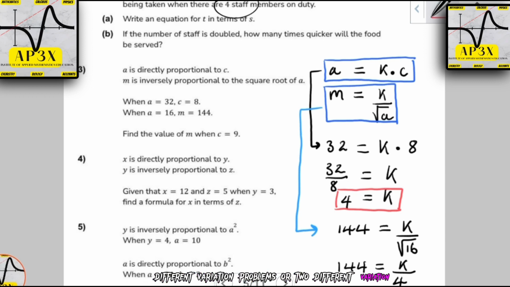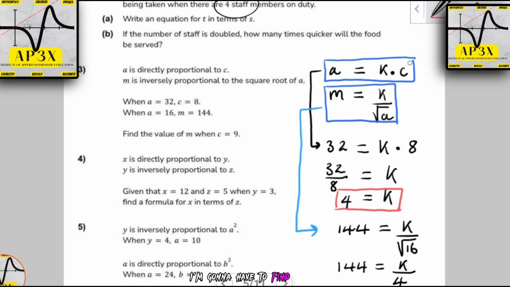Based on my experience, this hints that I may need to find the value of A here when C is 9, and then substitute the value of A down here.